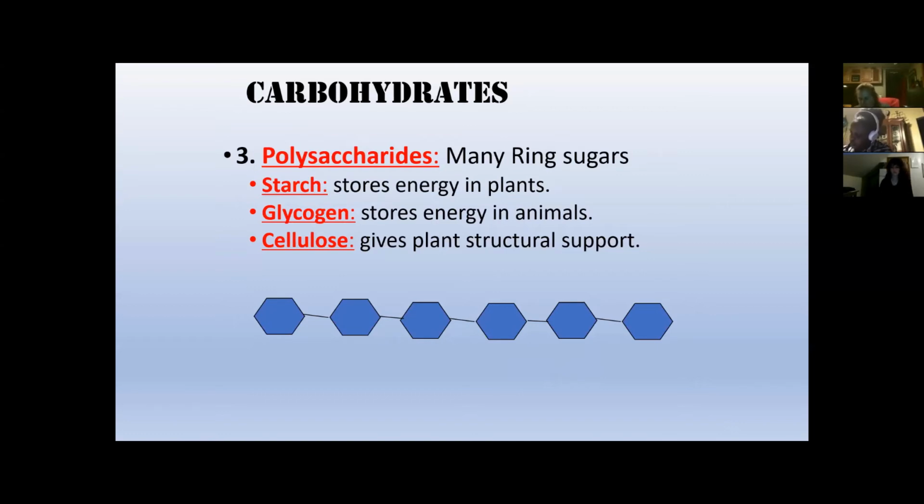That big ball of starch then feeds that plant for the next year as it's growing and making new leaves and pushing itself out of the ground and running new root systems and all the stuff that a potato needs to do. And then you have glycogen, which is a similar thing, but it's in animals. And then you have cellulose.